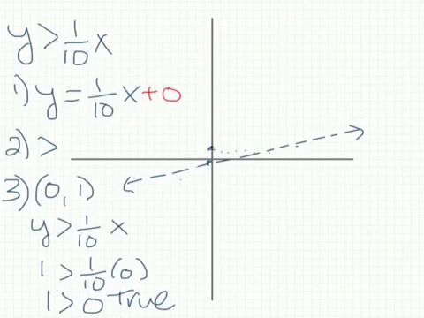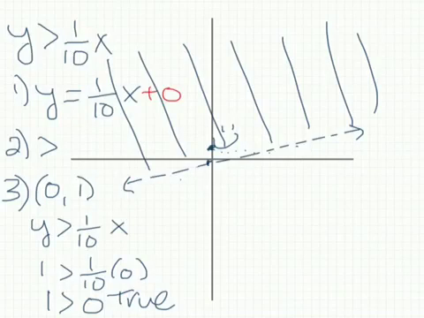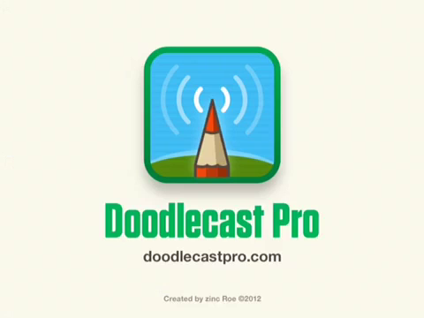Okay, so at my test point up here, x is 0 and y is 1, I have true. Now remember, when you do your shading, you always shade where true is. So we're going to shade over the top of our point 0, 1. I'm going to color in my shading here. And then we're done.